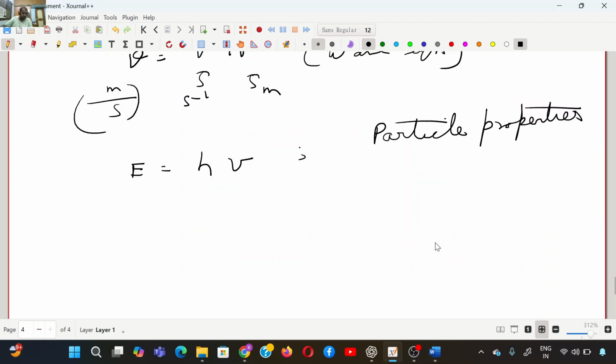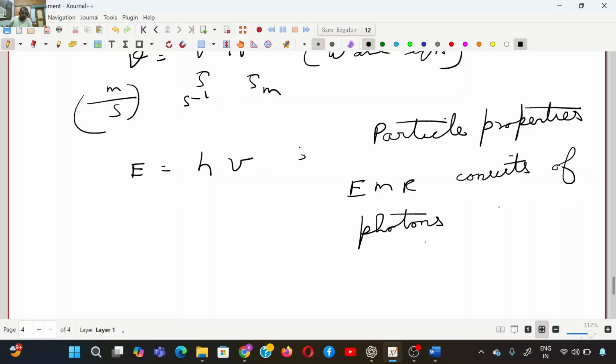So this comes under particle properties, because EMR is comprised of photons. These are discrete energy packets.